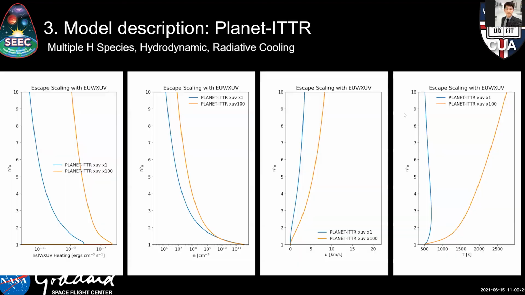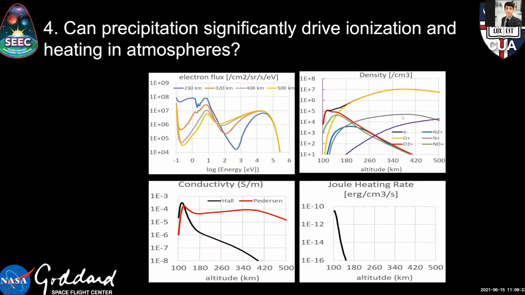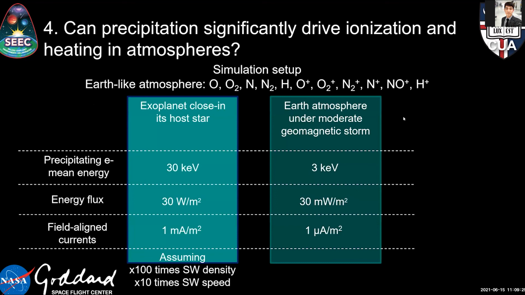Okay, so here we actually developed a new superthermal electron model. We assume steady state, and then we use inelastic and elastic cross sections and secondary electron production.